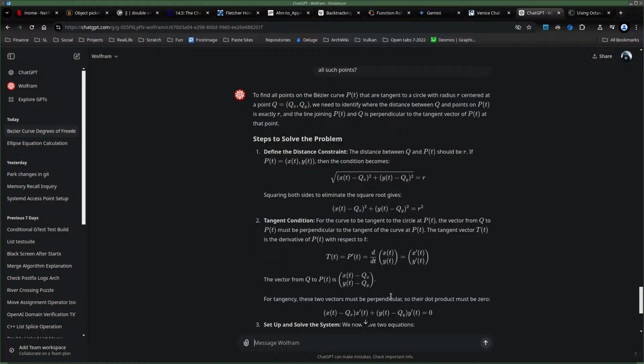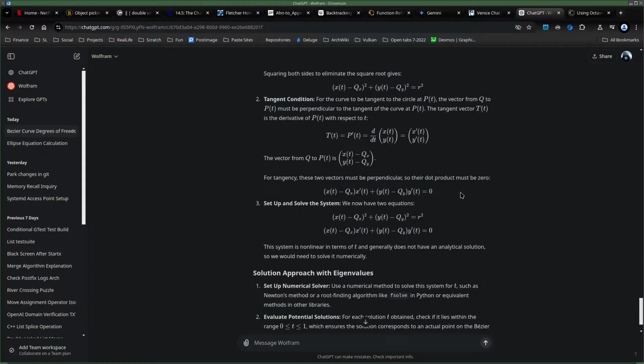With tangency, these two vectors must be perpendicular, so their dot product must be 0. Set up and solve the system. We now have two equations. The system is nonlinear in terms of t and generally does not have an analytic solution.